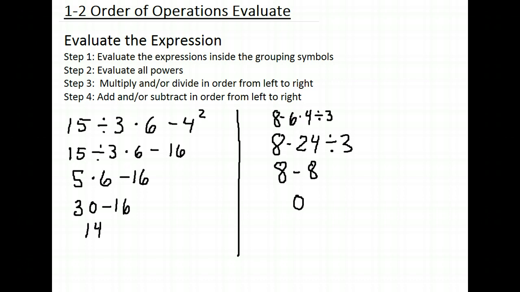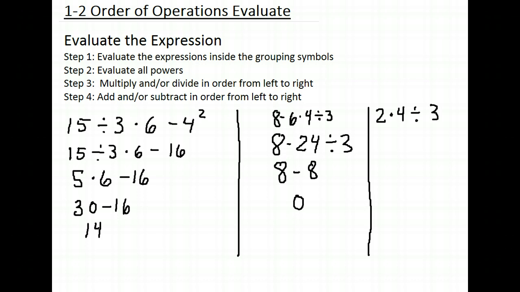So now I'm going to show you what happens if we do the same problem and we just work left to right and do not use order of operations. Let's start with this, 8 minus 6. We're just going to work left to right and see what happens. So 8 minus 6, now we have 2 times 4 divided by 3.